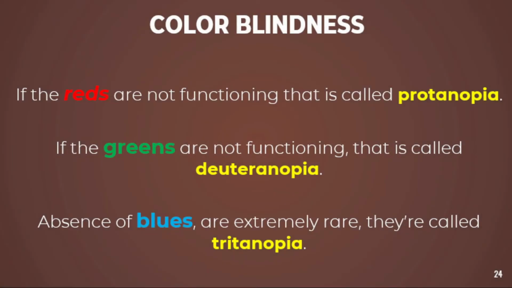Again, what is protanopia? That is the absence of red. Regular color, protanopia. See, there are no reds. Then there is also deuteranopia, which is the absence of green. But you might wonder, wait a minute, I still don't see red.